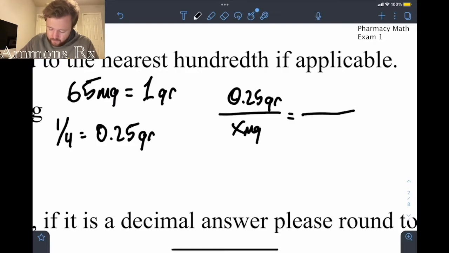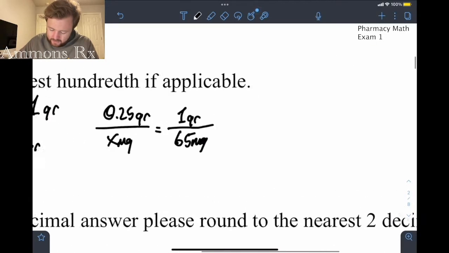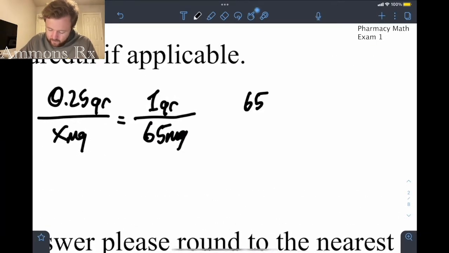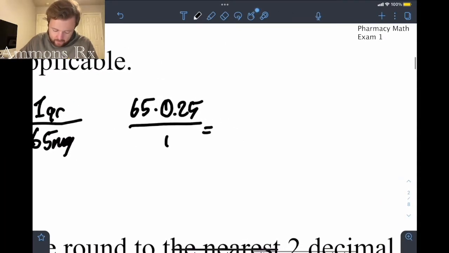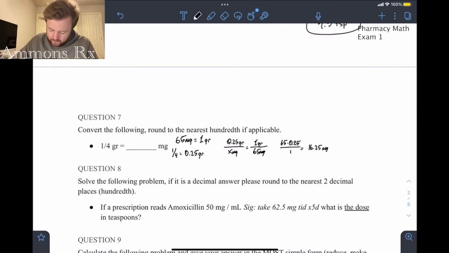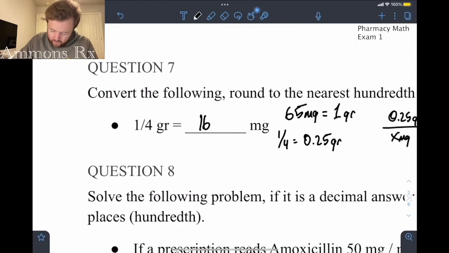Over here, 1 grain and 65 milligrams. So it turns into 65 times 0.25. And you should get 16.25 milligrams, right? Yes. Perfect.